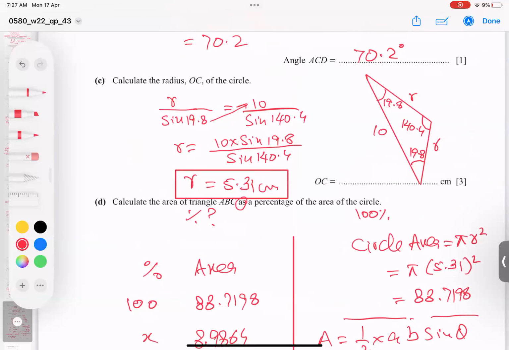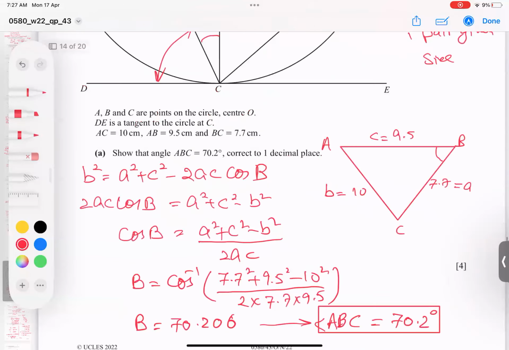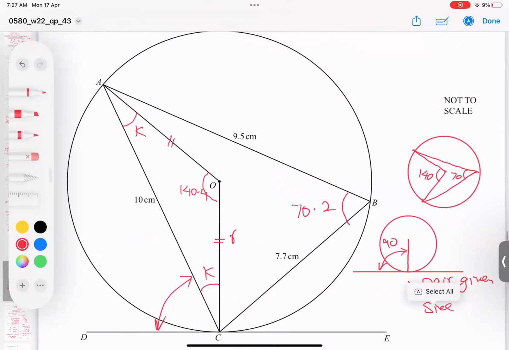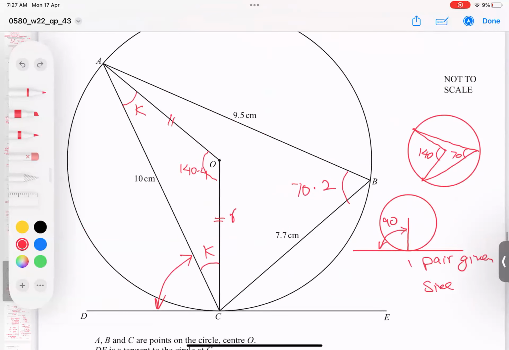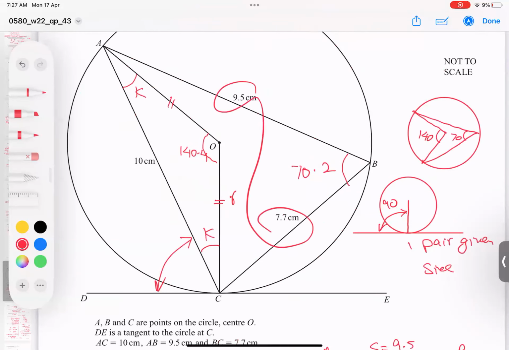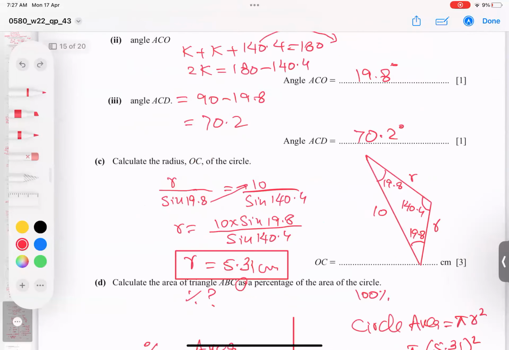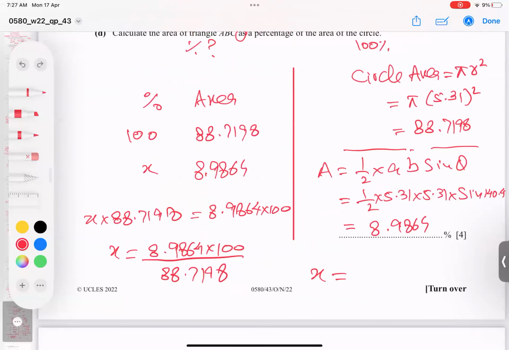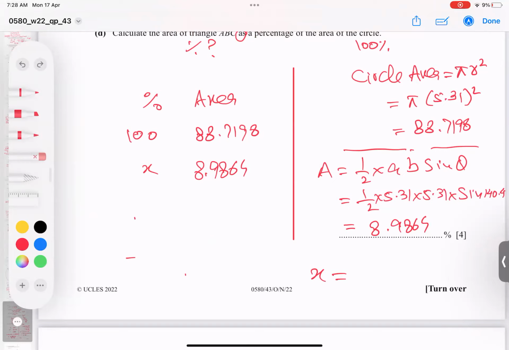He said, find the area of the triangle as a percentage of the area of the circle. Also, the triangle is not the lower one, sorry, the bigger triangle. So the bigger one has sides 9.5 and 7.7. Sorry for the students, I should take the big triangle, not the small triangle.